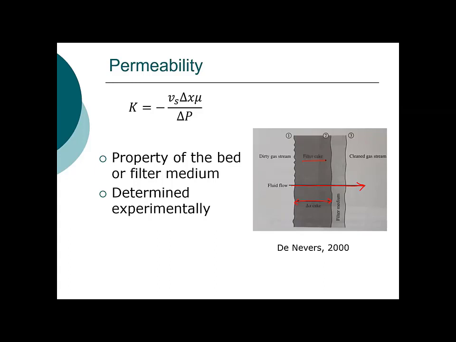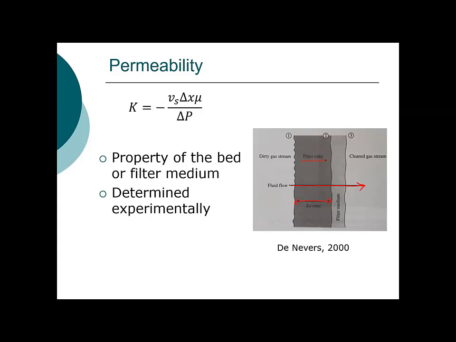Mu is the viscosity of your gas. And then delta P is the pressure drop across this filter. And for a dirty filter, it will include the pressure drop across the filter cake.